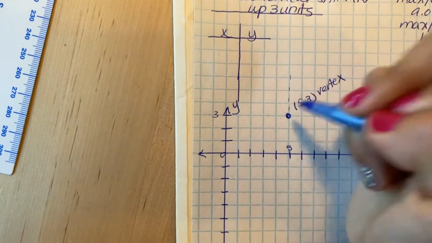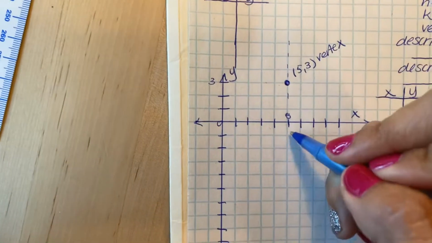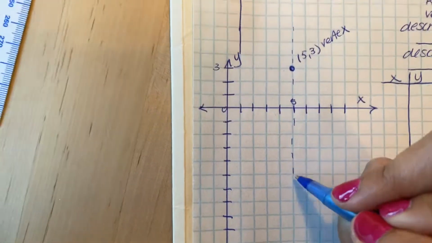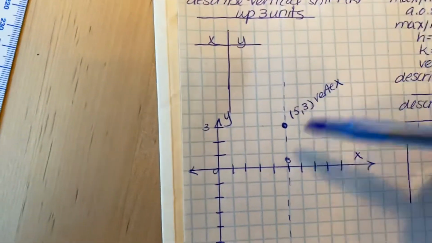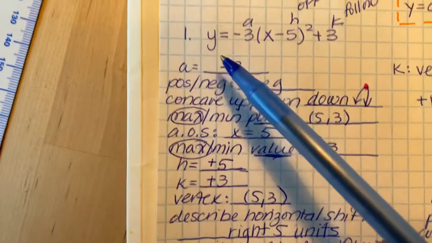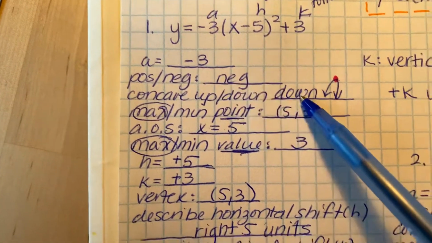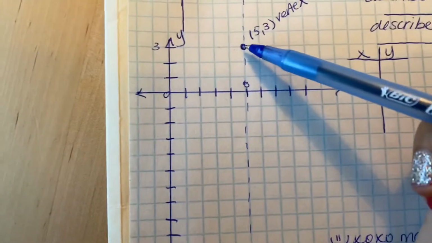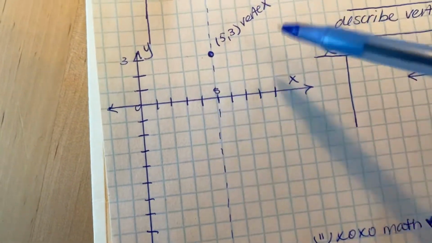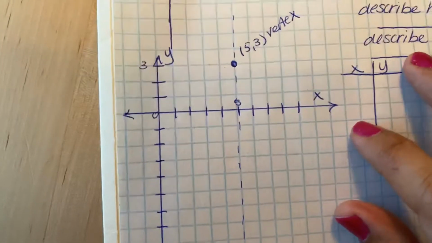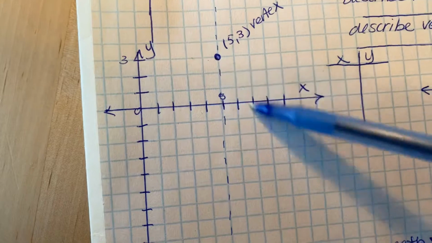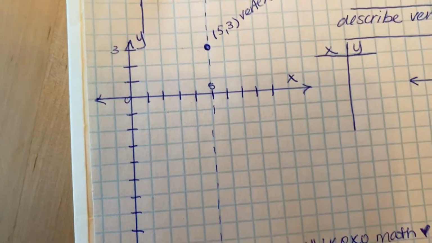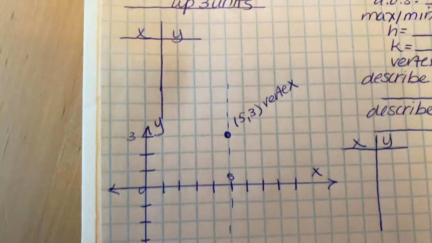I'll just kind of lightly do it, even though I typically use that bright pink marker. Right? And so if you realize that my a value is negative, it's going to be concave down. You should just do a visual check and realize that it should be moving downward, right? It should be moving from quadrant 1 down into quadrant 4, and of course it'll probably go into 3 eventually, but we're just on graph paper.